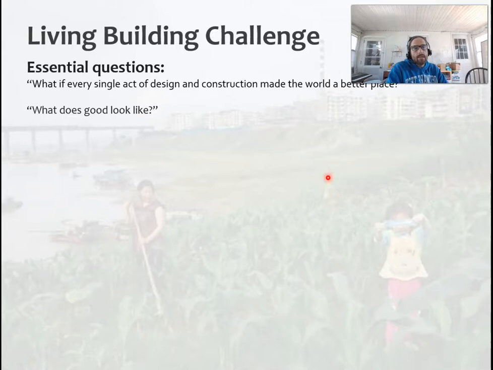And Living Building Challenge is very holistic, very aggressive. It's the most holistic and difficult to get sustainable green building certification in the world today. There's a bunch of different ones out there, and this is, I would say, the most robust one, the hardest one to get.